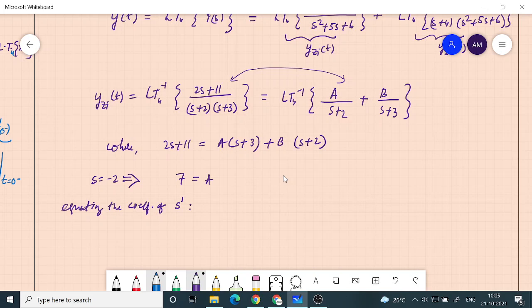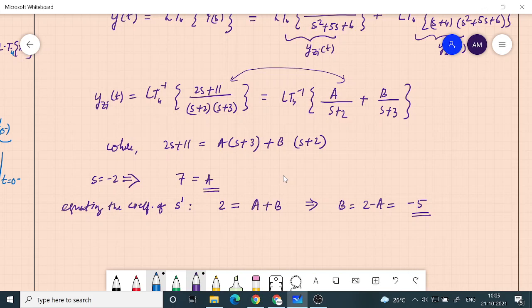On the LHS the coefficient is 2, and the other term is constant, so that doesn't matter. On the RHS the coefficient of s is A from the first term and B from the second term. So A plus B is equal to 2, which means B is equal to 2 minus A. And what is 2 minus A? It is minus 5. So I got A and B.